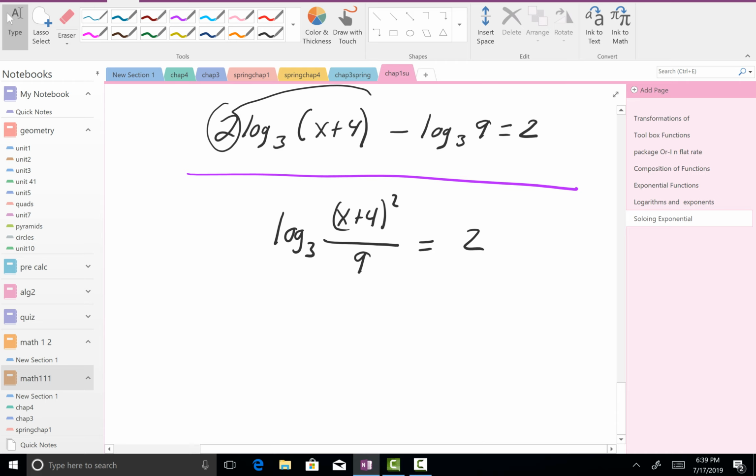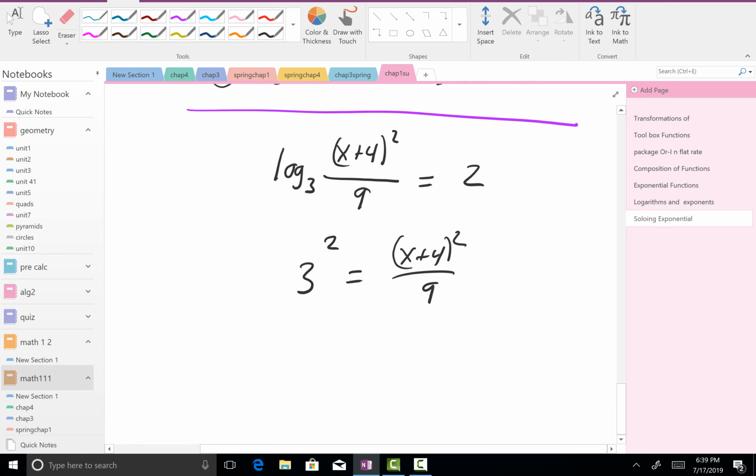Okay, and now we got to use the definition. So if I use the definition, what am I going to write? 3 to the power of 2 is equal to, yep, right.